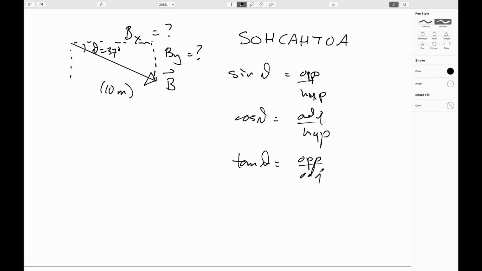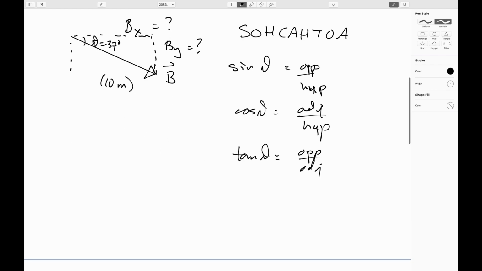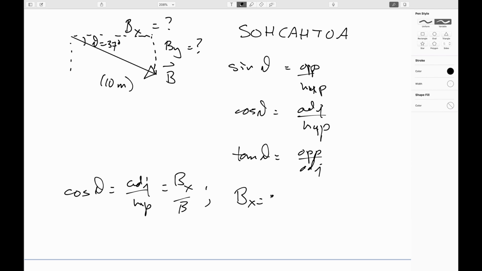over adjacent. So here, let's say I'm trying to find my Bx value. I know theta and I know my B. It's 10 meters. So I want the adjacent. I have the hypotenuse, so cosine theta would be the adjacent over the hypotenuse, which is Bx over B. So I can multiply through by B to get that Bx is B cosine theta.